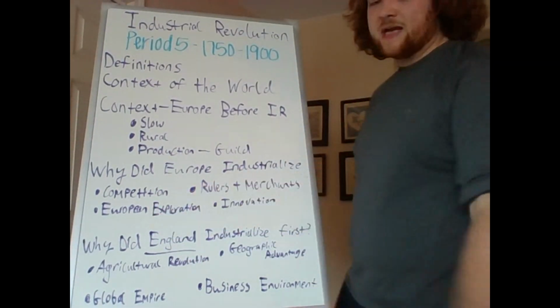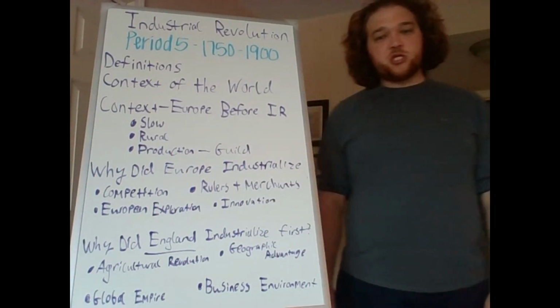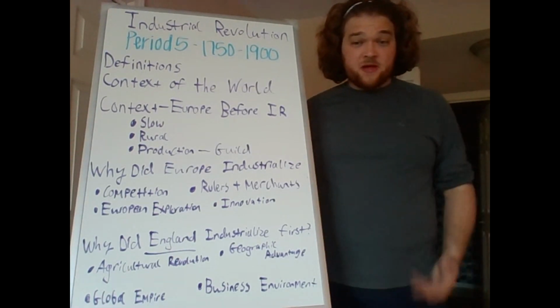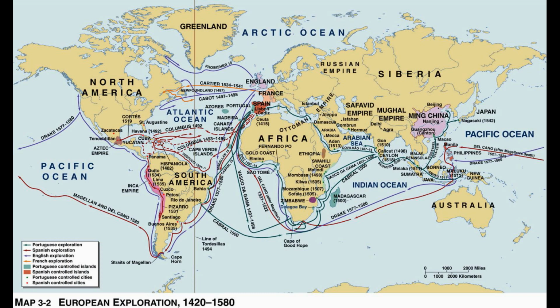Next is European exploration. European exploration is both going to cause innovation and cause competition. So first, European countries have explored all over the world by period 5. Many of them have established colonies in the Americas, some minor areas of trade in Africa, and also trade in Asia.